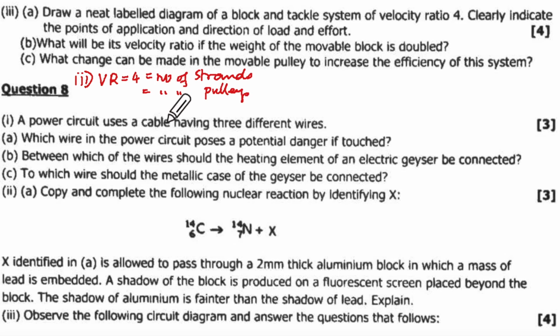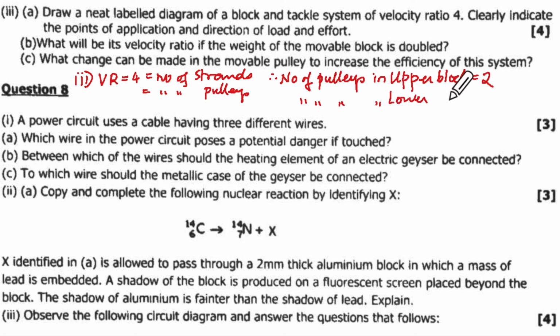When they say neat labelled diagram, mention over here, therefore, number of pulleys in upper block equal to 2. For the lower, put ditto marks and write over there 2.